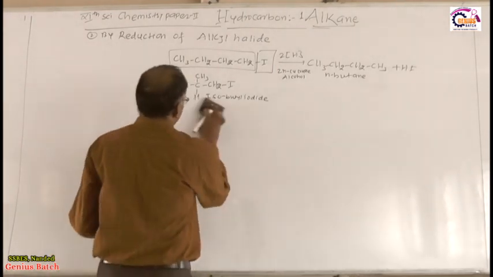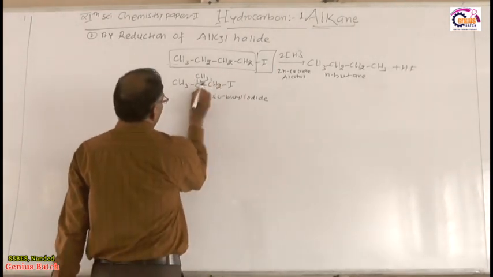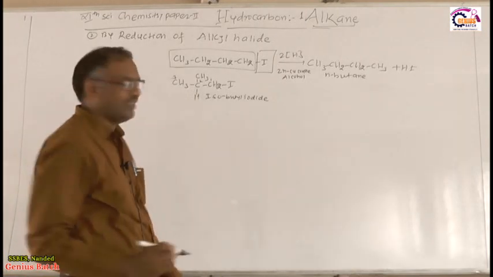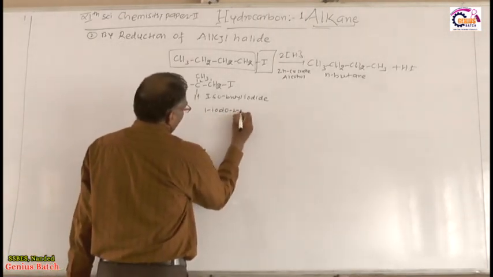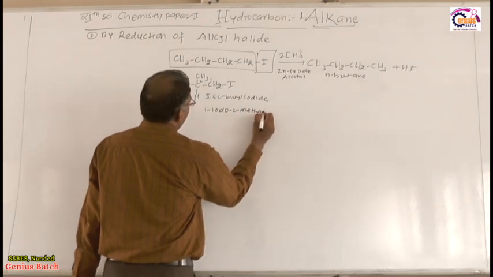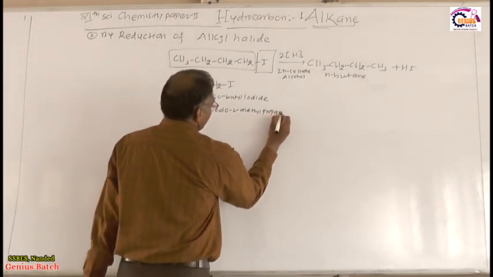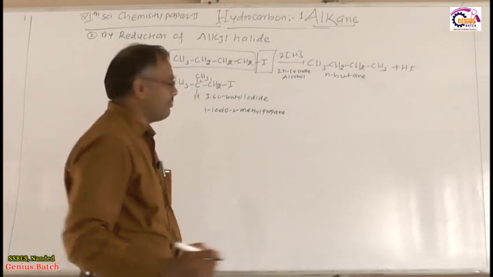So what is the IUPAC name? 1, 2, 3, right? So that is 1-iodo-2-methylpropane.